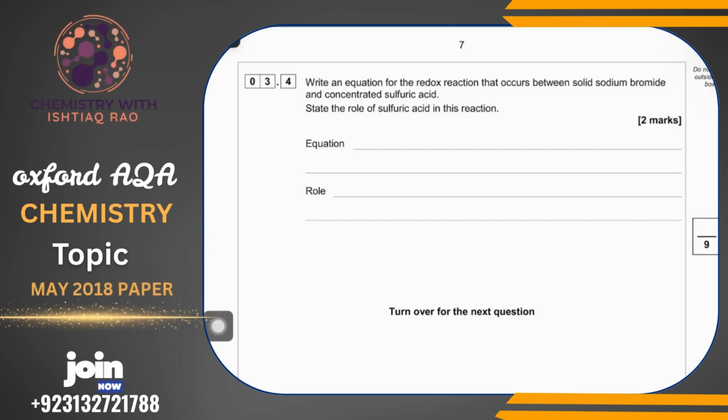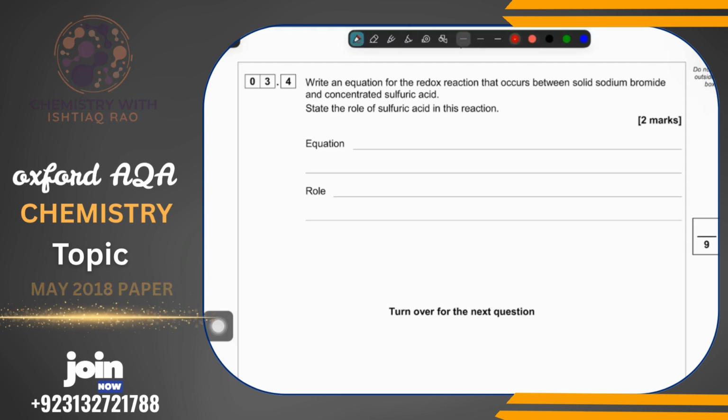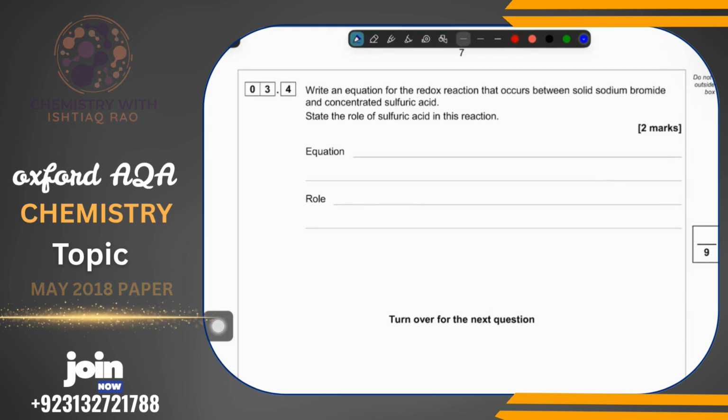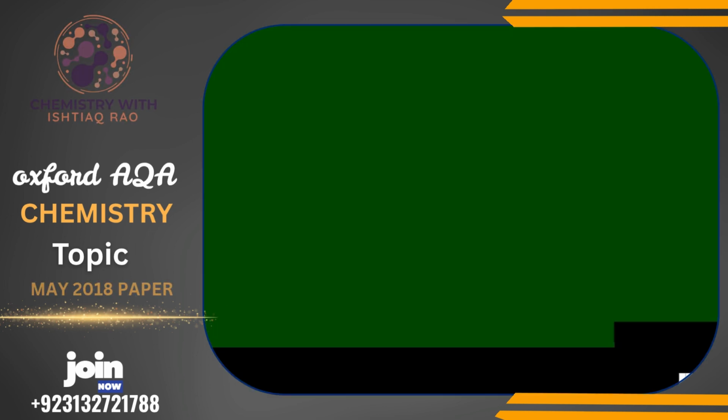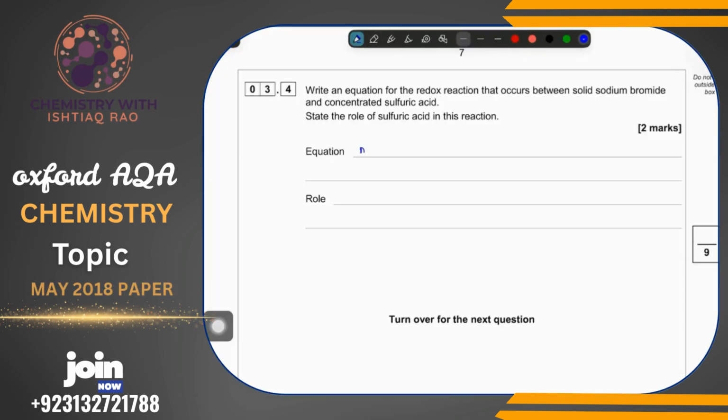H2SO4 is sulfuric acid. They are saying this is a redox reaction, right? So between solid NaBr plus concentrated sulfuric acid.